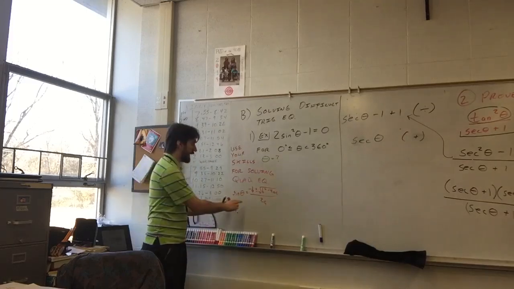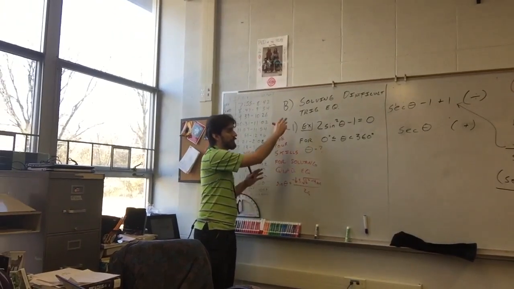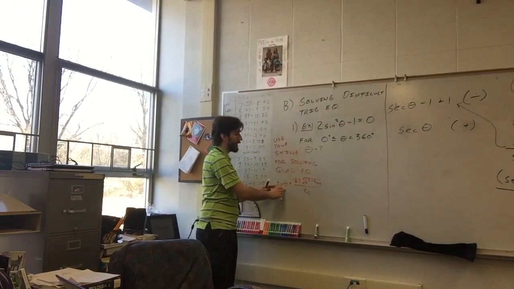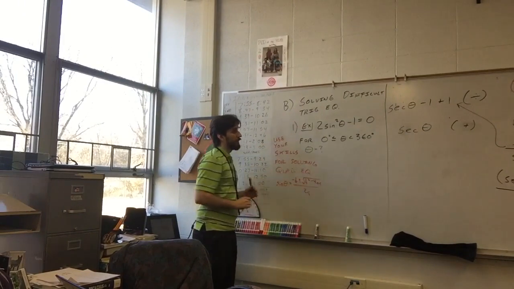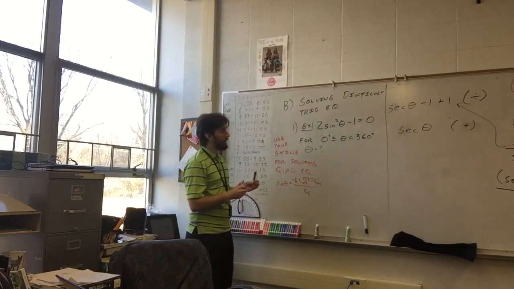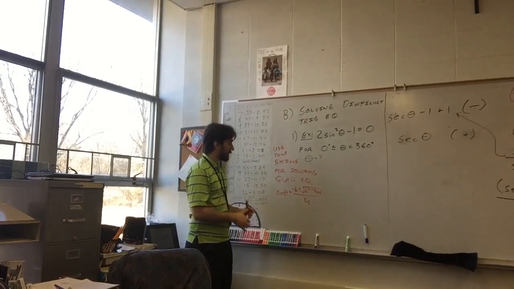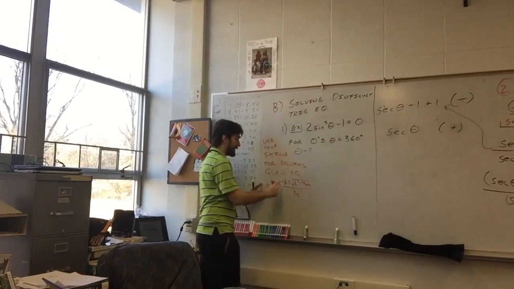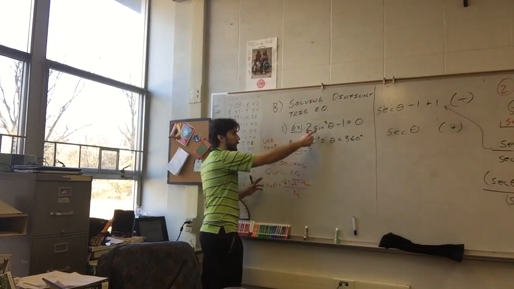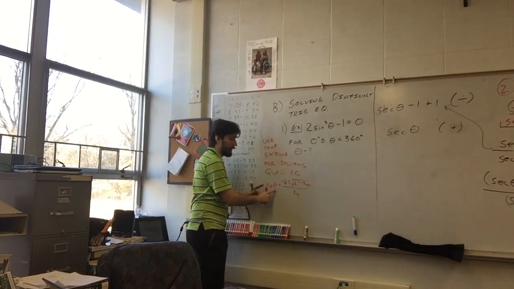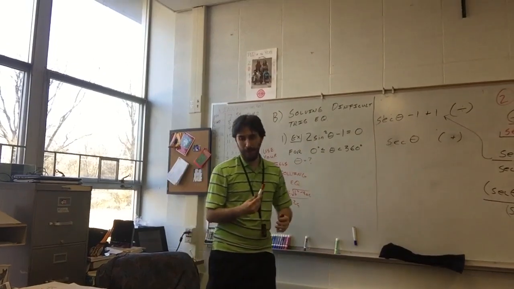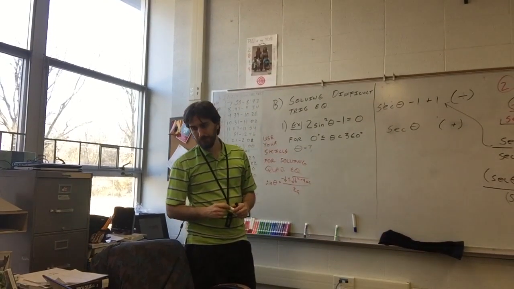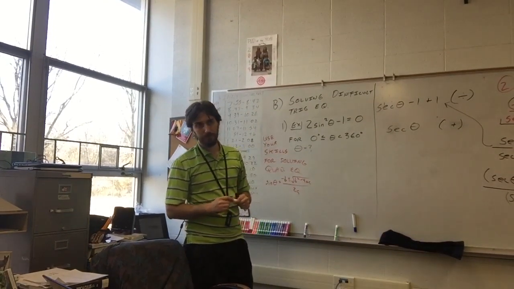So the only difference if you want to use quadratics for these trig equations that are in a quadratic form is, since your quantity squared is not just x but this whole function, you have to put that whole function in front.